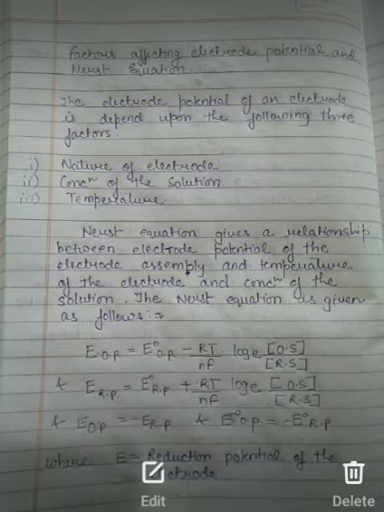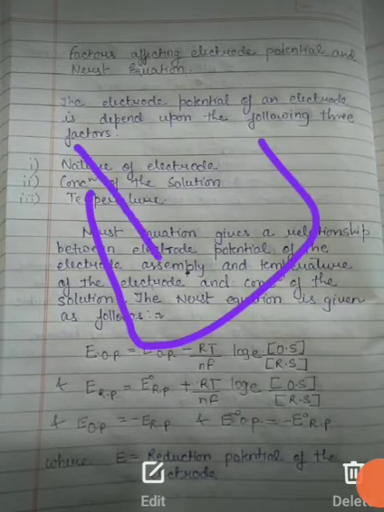When oxidation occurs at an electrode, the potential difference developed at the junction of the electrode and solution surface is called the oxidation potential. You all know this very well. What I mean to say is, suppose this is the electrode, and at this electrode oxidation is occurring.